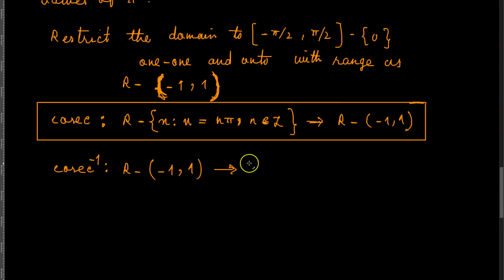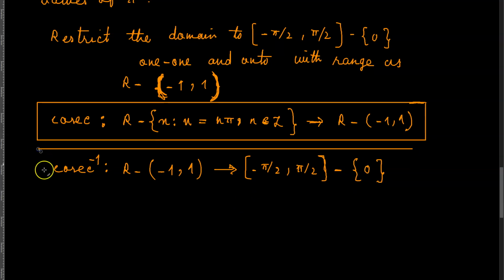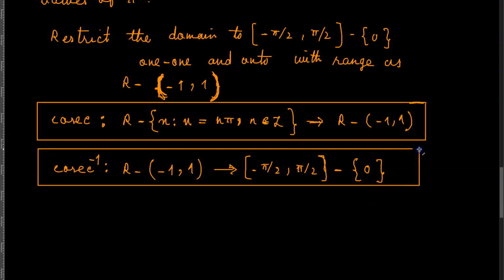So we say that basically the range of the function is the same thing, which is R minus the open interval of -1, 1, and then the domain of the function, since we restricted that to these numbers, we have to go from negative pi by 2 to pi by 2, and this is a closed interval, and I have to subtract from that basically 0, or the set containing 0. That is what we mean when we say the cosecant inverse function, right?